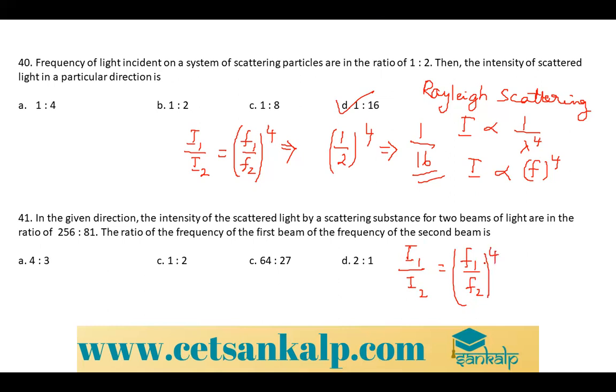So then, F1 by F2 is equal to I1 by I2 whole to the power 1 by 4.